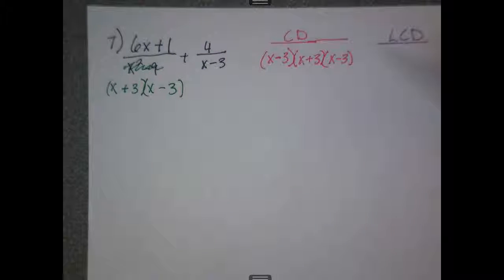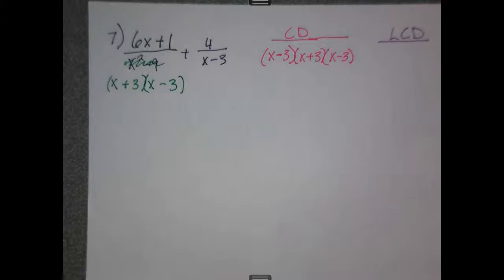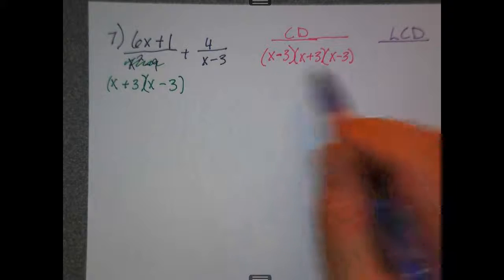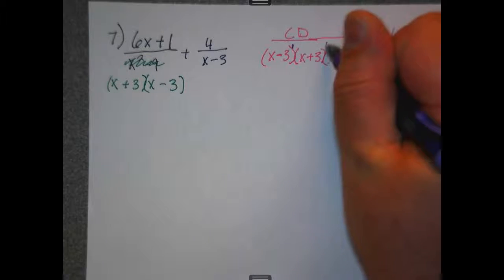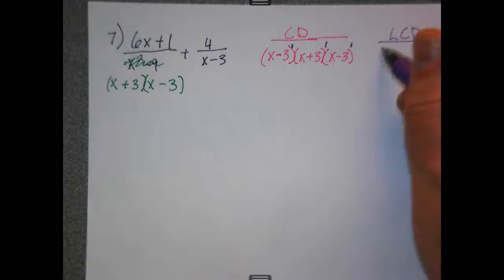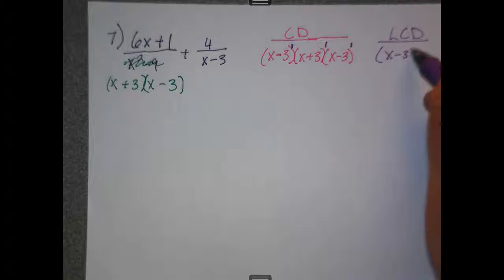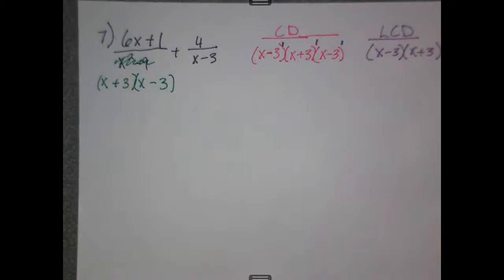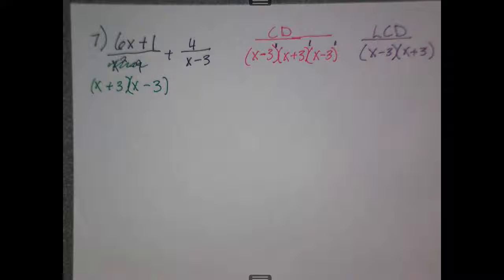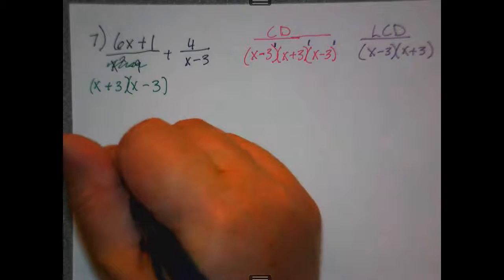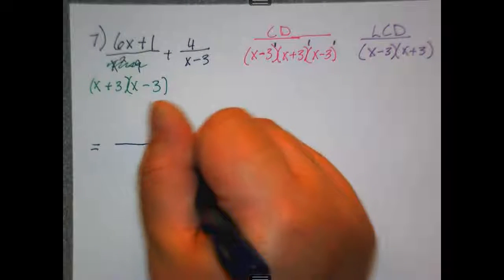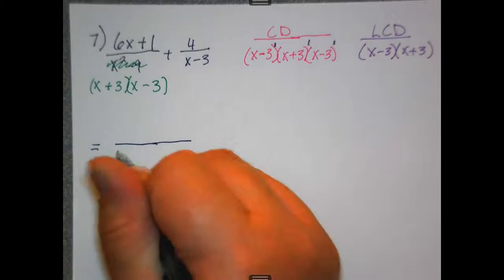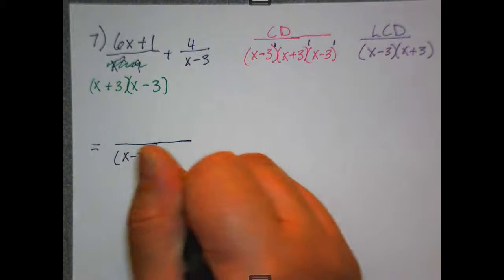I only need one of the x minus 3s, right? These are all to the power 1, first of all. And I need an x plus 3, right? So this becomes one fraction using the least common denominator, (x minus 3)(x plus 3).